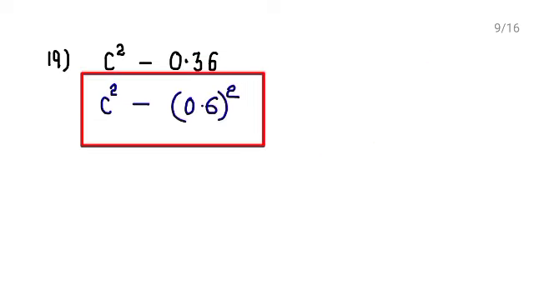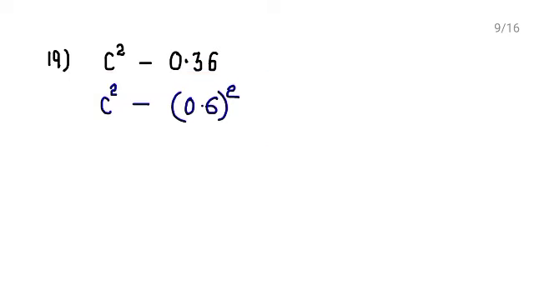Now this is in the form of a square minus b square, where a is c and b is 0.6. So we will use the identity a square minus b square is equals to a plus b into a minus b. Right?